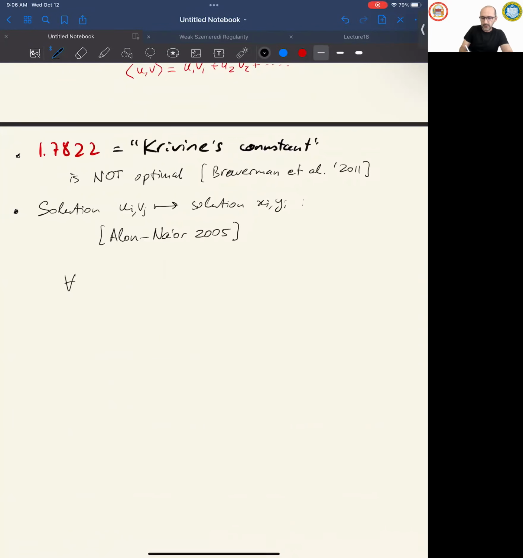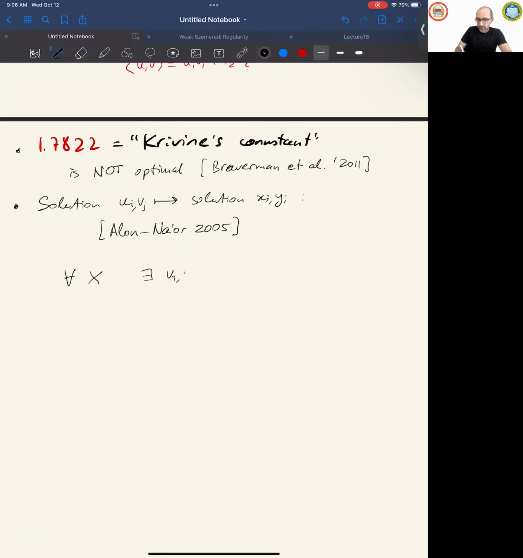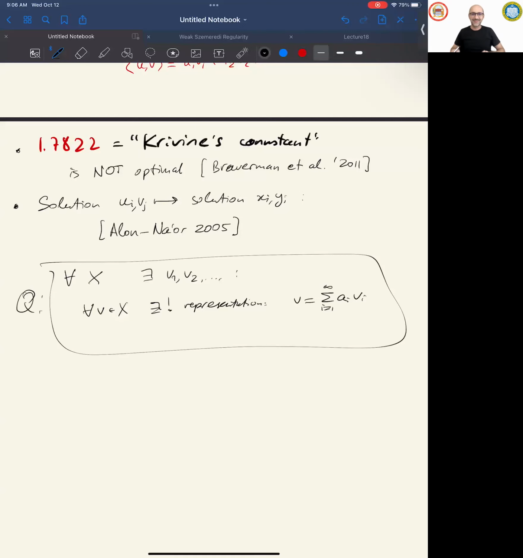For any separable Banach space X, a normed space, there is a basis, which means a sequence v1, v2, and so on, so that any vector can be uniquely represented as a basis expansion, the sum of a_i v_i, with i going to infinity. Is it true or not true? That's the question, for any Banach space.